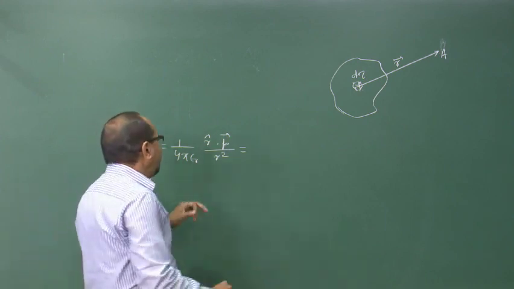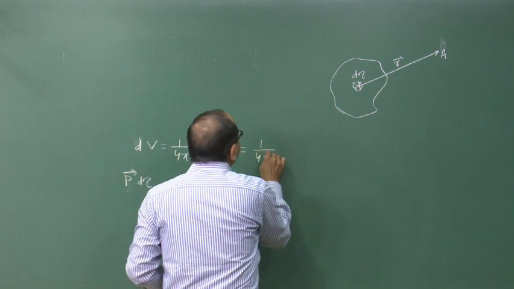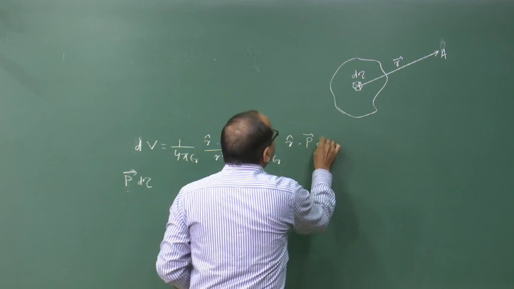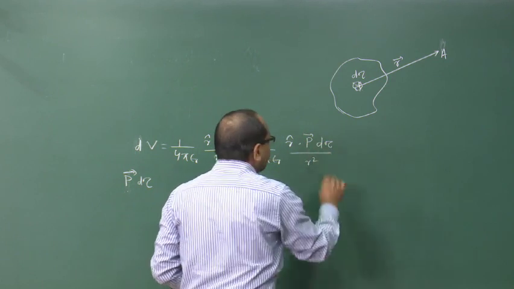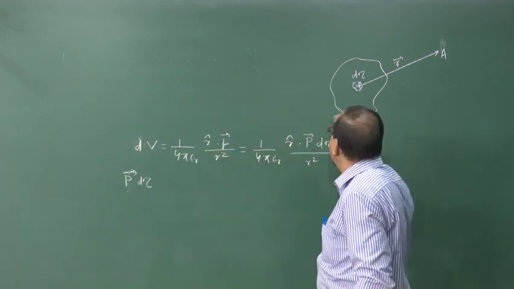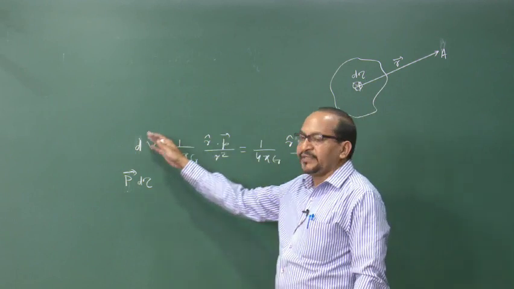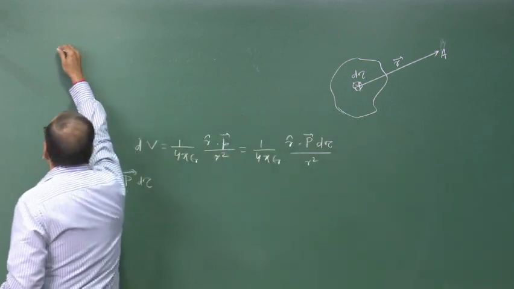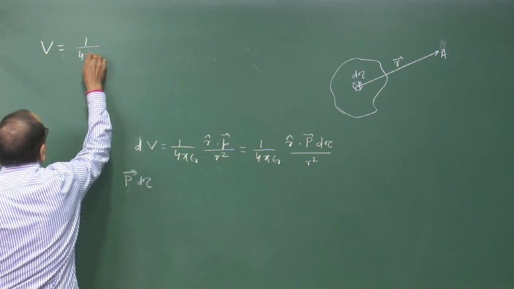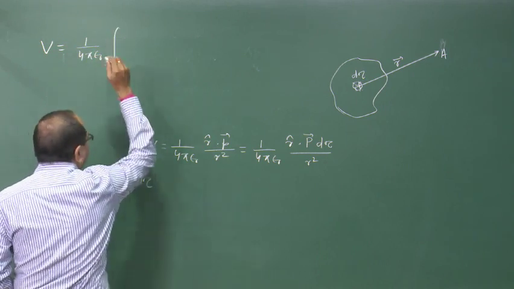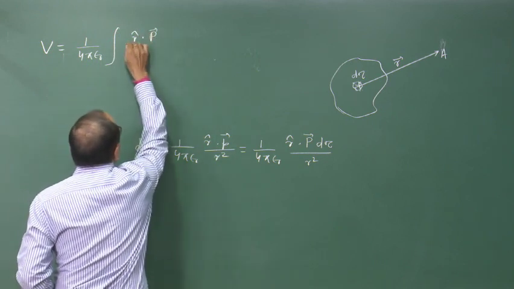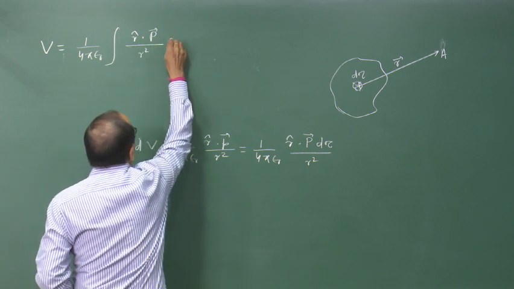Okay. So, dV is now equal to 1 by 4 pi epsilon naught r cap dot capital P into d tau by r square. So, if we want to find the potential due to the entire polarized material, we have to integrate it. Hence, the potential due to the polarized material is V is equal to 1 by 4 pi epsilon naught integration of r cap dot vector P by r square d tau.